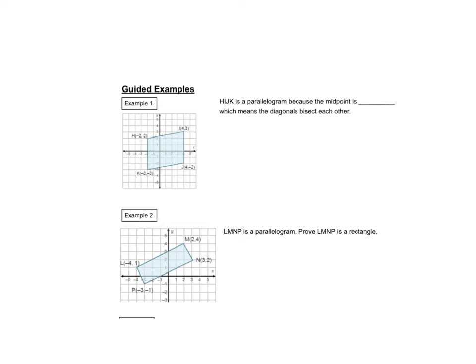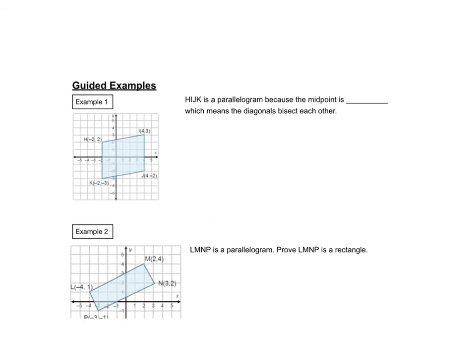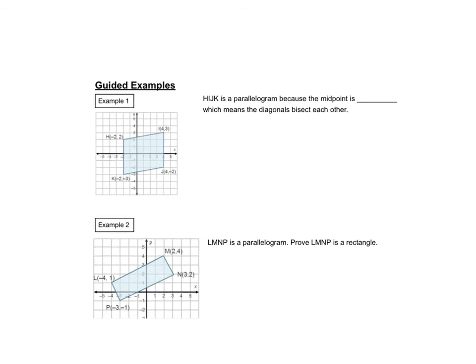So I'm hoping that if the midpoint is the same location, if we were to calculate the midpoint between HJ and then the midpoint between KI, and if they intersect at the same point, then we know the diagonals bisect each other. So we were actually trying to calculate the midpoint of those two segments.